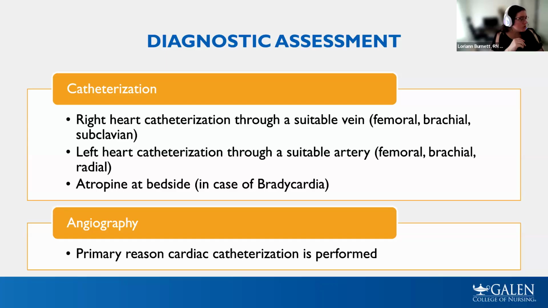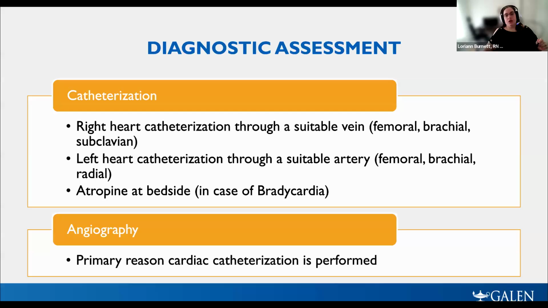So usually we'll do angiography. With angiography, we will actually put contrast into the heart. Again, contrast, we have that possible allergic reaction. Contrast is also really, really toxic to the heart.